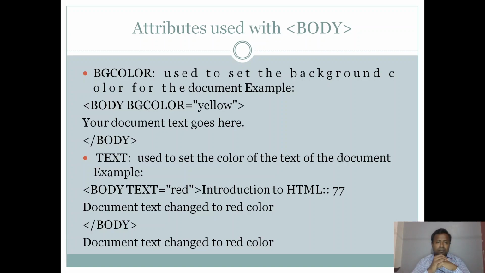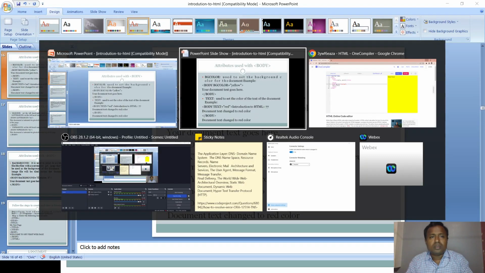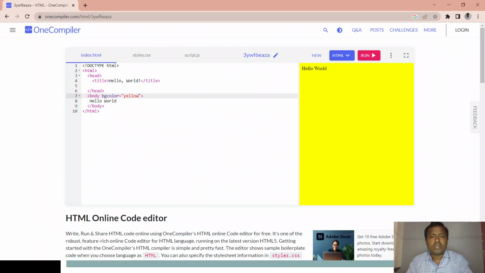Another property you can use is the text property. If you want to set a color for the text, yes, you can do that. Let's see. Now I want to make the text color red.